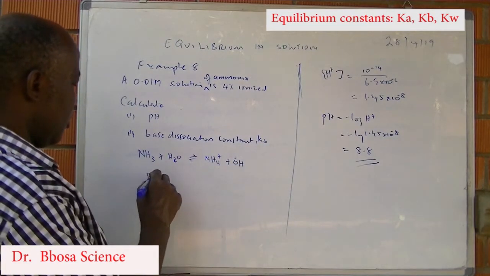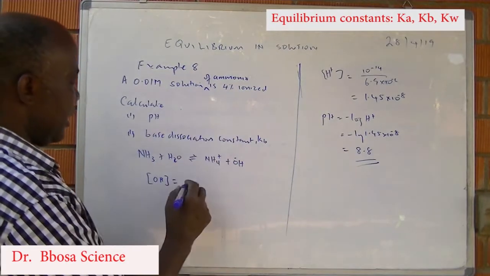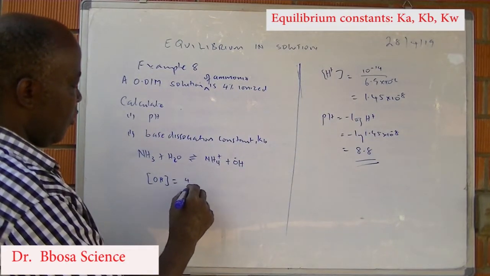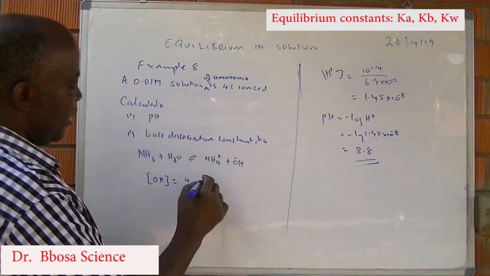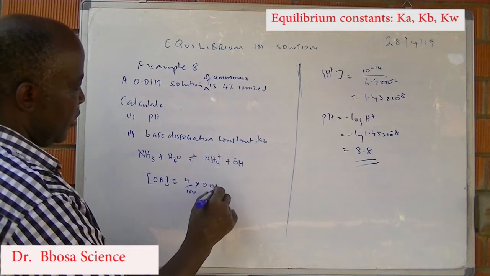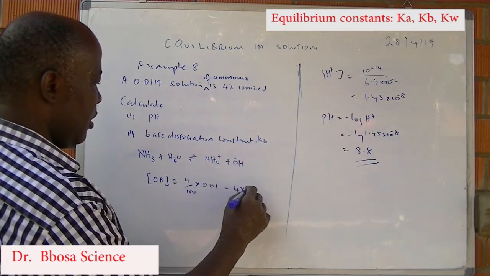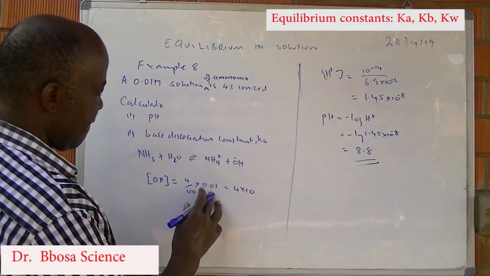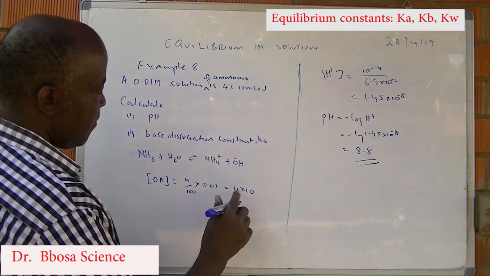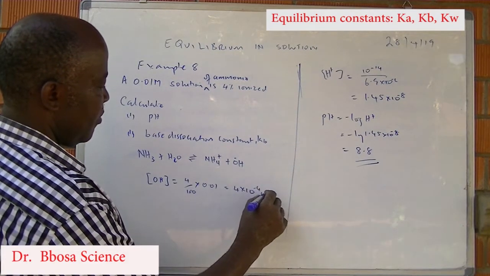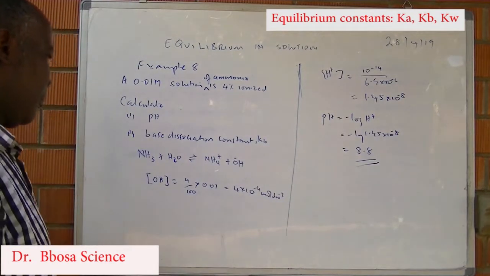The concentration of OH will be equal to the percentage ionization, 4 over 100, times the concentration of ammonia, which is 0.01, which will be equal to 4 times 10 to the power negative 4 moles per decimeter cubed.